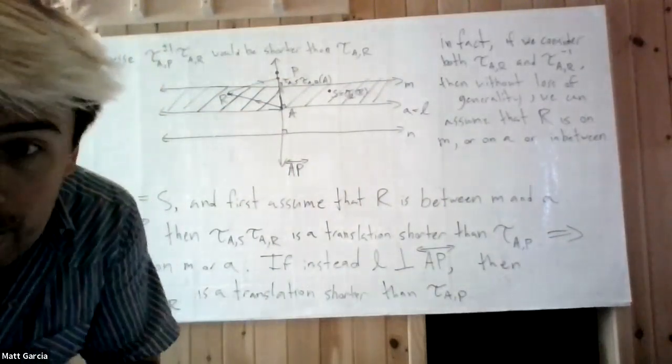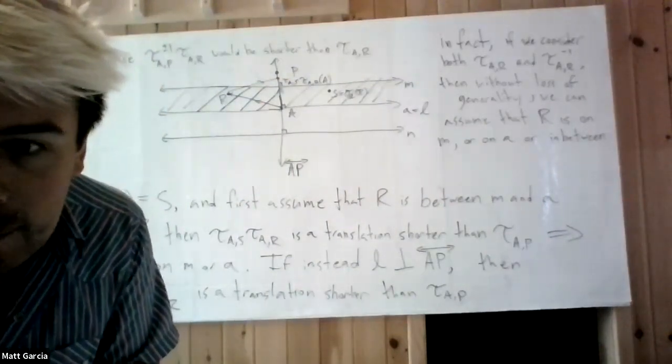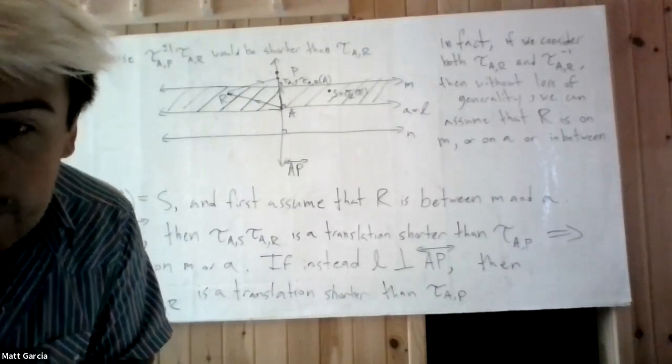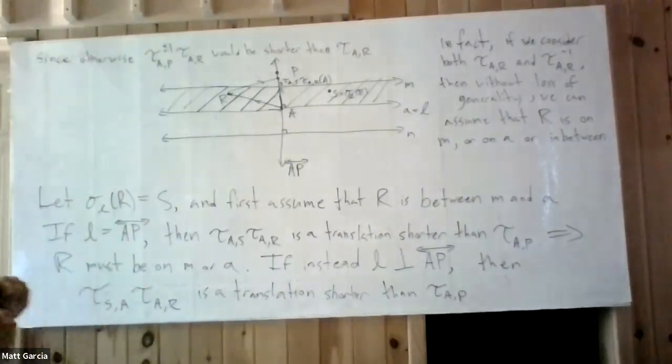So Jordan asks, why must R be on M or A in the previous case? In the diagram, it looks like it's between them, and it seems to work.